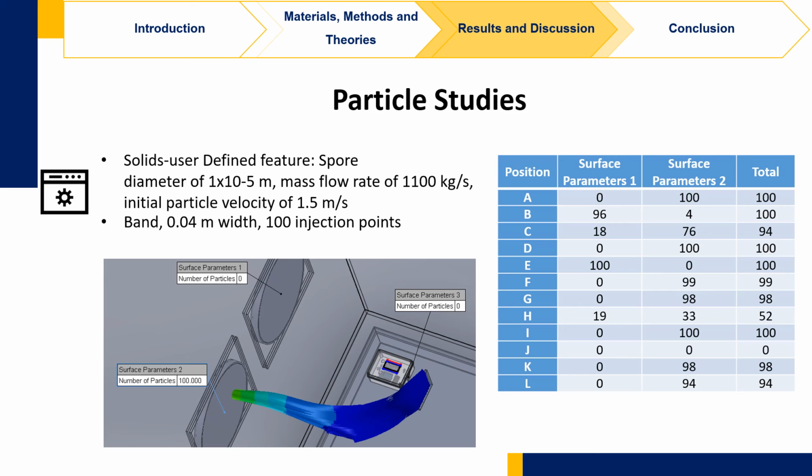However, the other two surfaces pick up different amounts of spores in different scenarios, presented in the table. In most scenarios, the total particles detected from surface parameters 1 and 2 were close to 100 particles. In some scenarios, not all particles went through the fan due to gravity and air confined in the area of the infected vegetable.